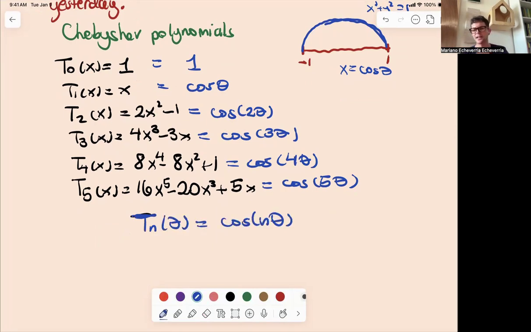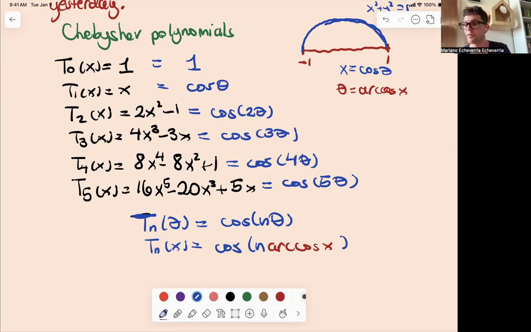And in terms of x, you can use this, although it looks a little bit weird to write it like this, but that's how people would usually write it, because then theta becomes arccosine of x, right? So if you wanted a formula in terms of x, this is how you would write it. Although it's not very illuminating, it looks a little bit confusing.